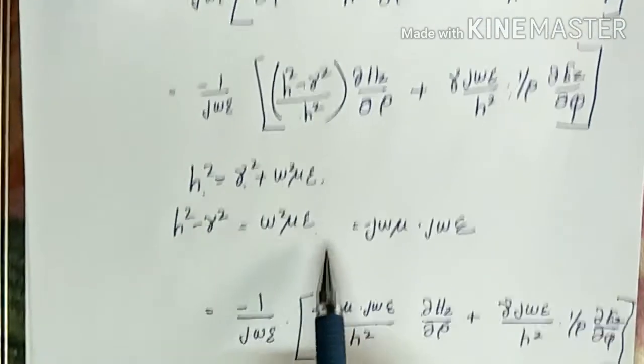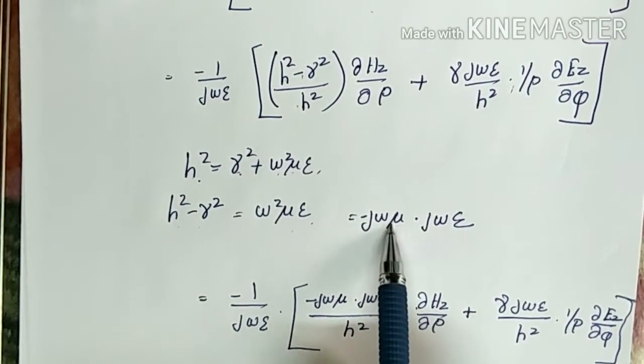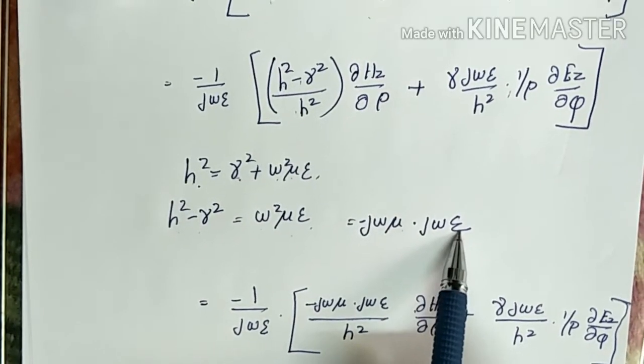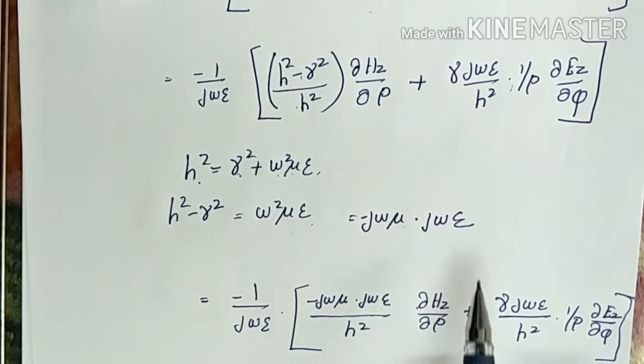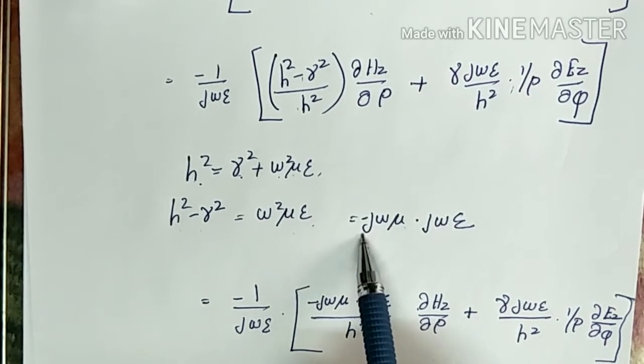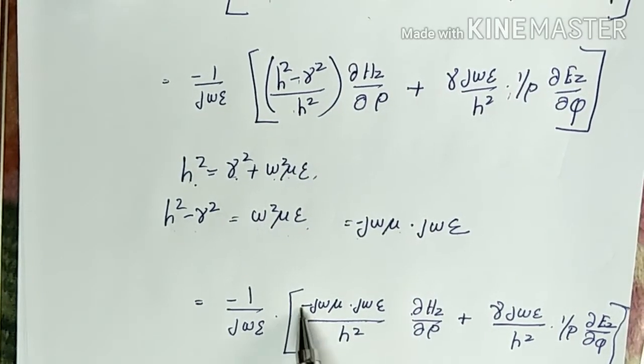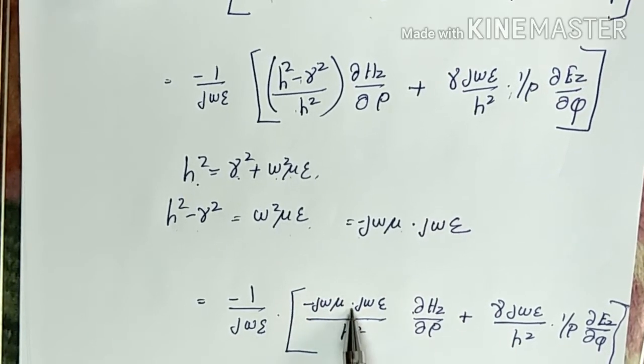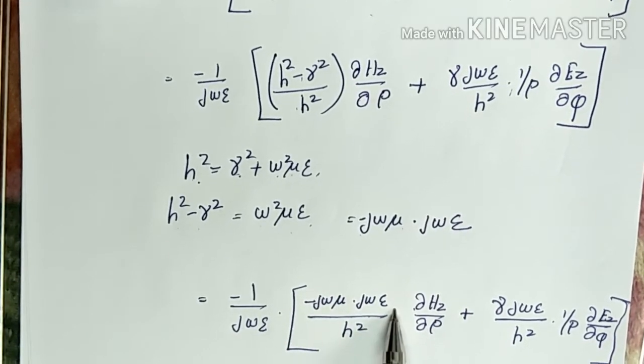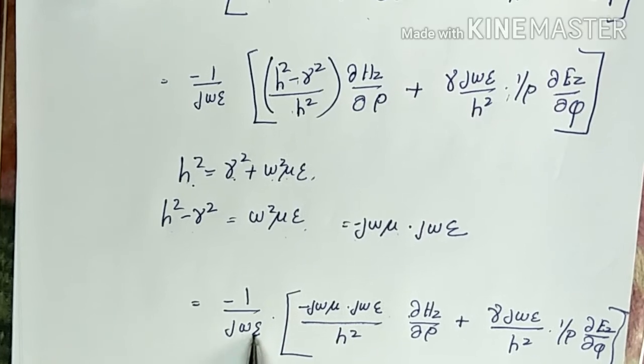Omega square mu epsilon can be rewritten as minus j omega mu into j omega epsilon. Why? J square is equal to minus 1, minus into minus plus. So instead of h square minus gamma square, I am writing minus j omega mu into j omega epsilon. Here j omega epsilon is common.